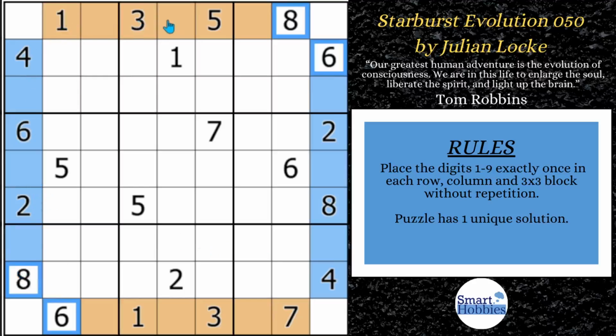So in the orange, you see mostly we have odd numbers. 1, 3, and 5. 1, 3, and 7. And so there's 1, 2, 3, 4, 5, 6 empty cells that we don't know. And so what we do know is that we have 6 digits in this blue that don't match any of the givens in the orange.